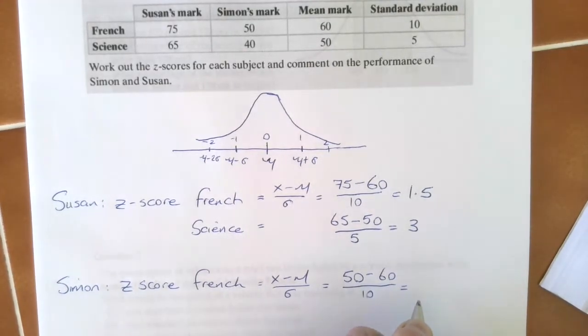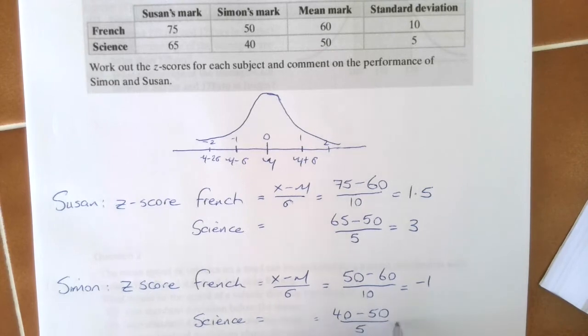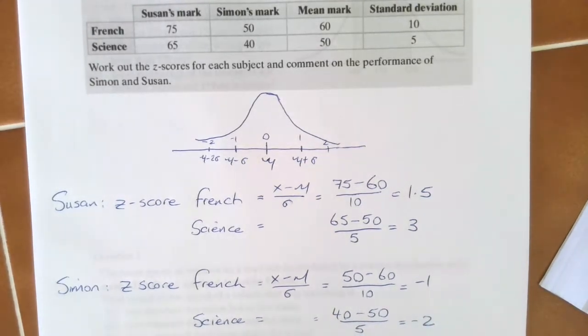So that's minus 10 over 10, which is -1. Then we'll also do his z-score for science. He got 40 in science. The mean mark was 50, and the standard deviation was 5. So his z-score for science is -2.